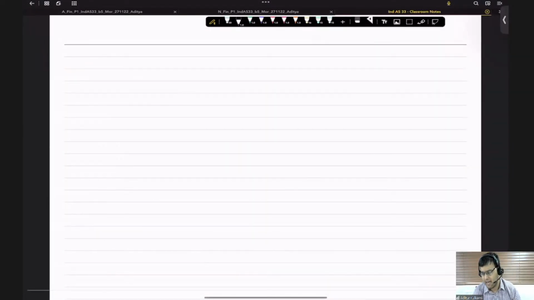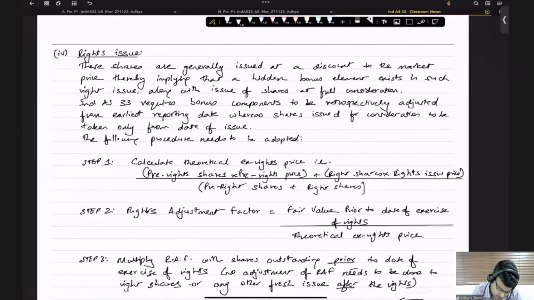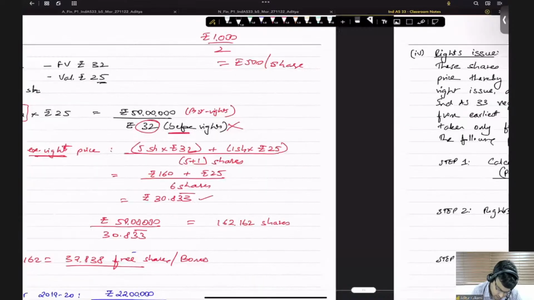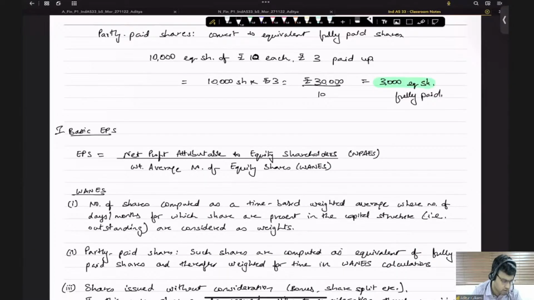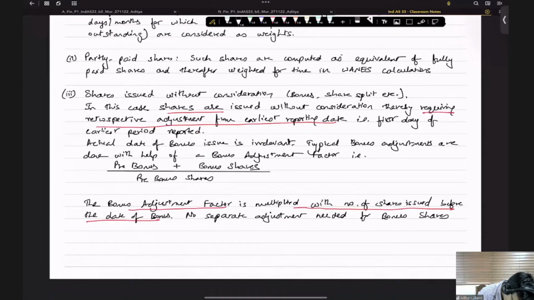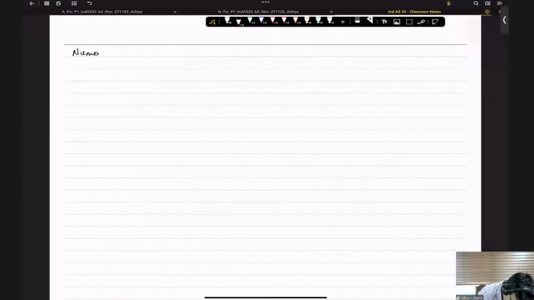The last part of discussion today. Adjustments to the numerator. We started off with rights issue. First we discussed basic EPS. Now we give the next heading: Numerator of basic EPS.